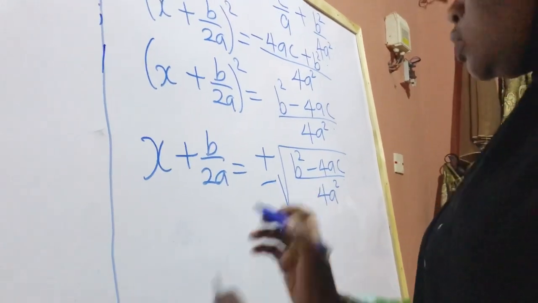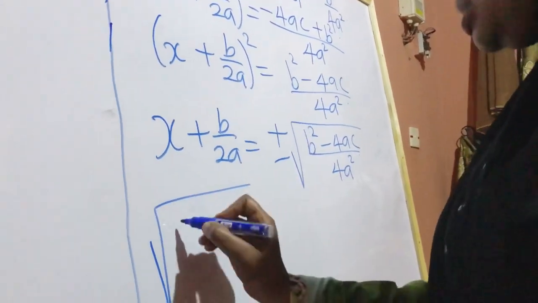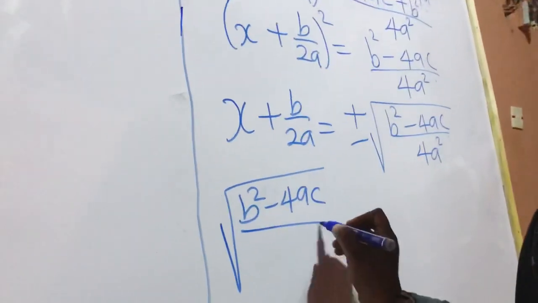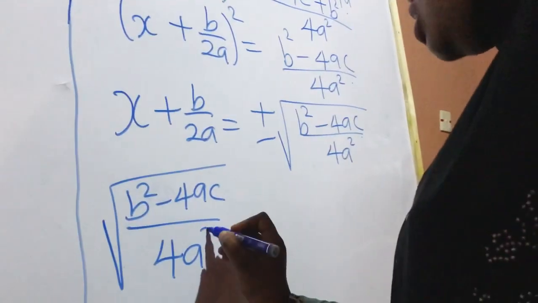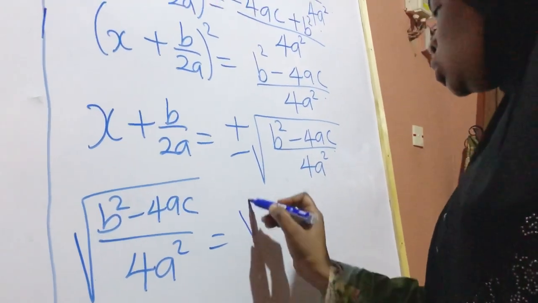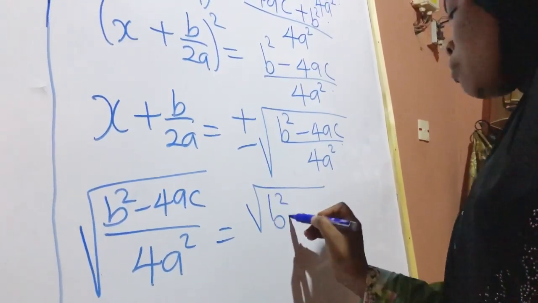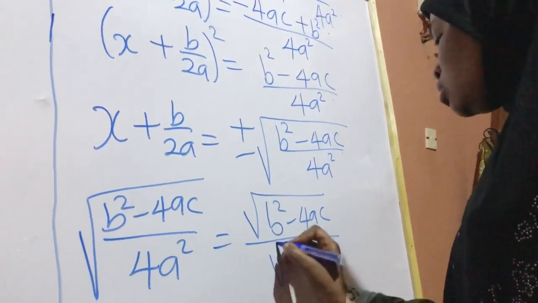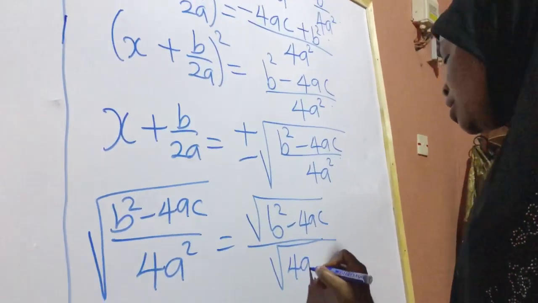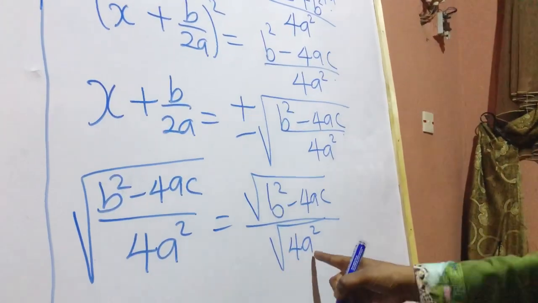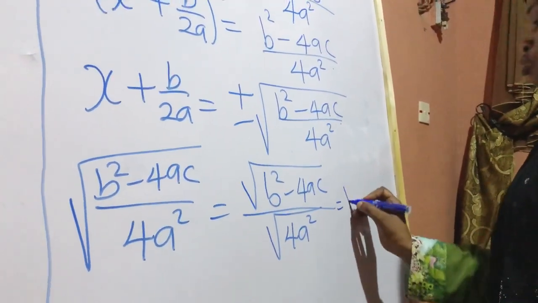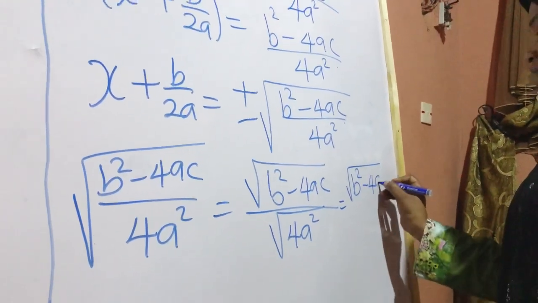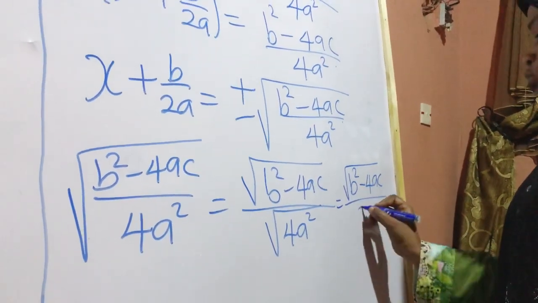According to the law of surds, this square root of b squared minus 4ac over 4a squared can be written as root b squared minus 4ac over root 4a squared. And 4a squared is a perfect square, so we have root b squared minus 4ac over 2a.